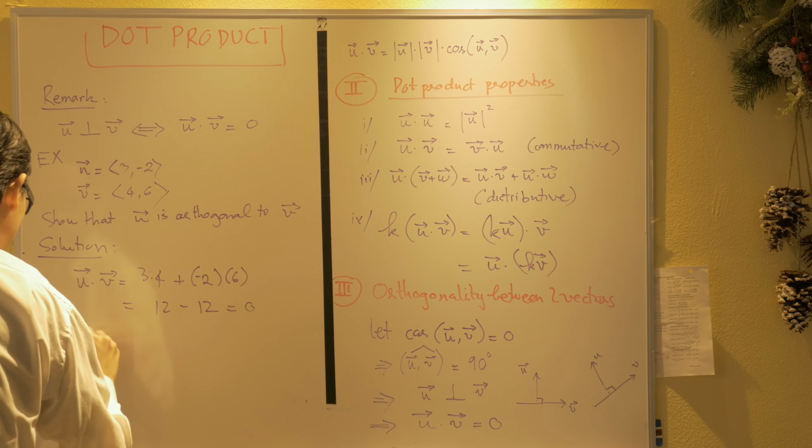We already had one remark, so this is the second remark and this is the third remark. From the second definition of the dot product, I can find the angle using this formula: cosine of the angle between vector u and vector v is equal to u dot v over this.